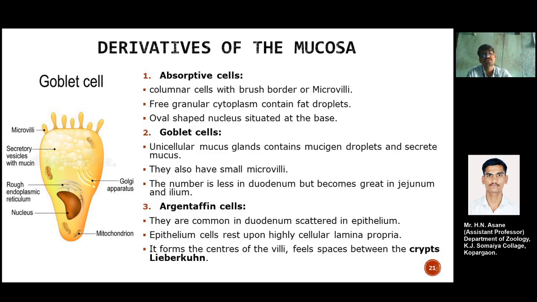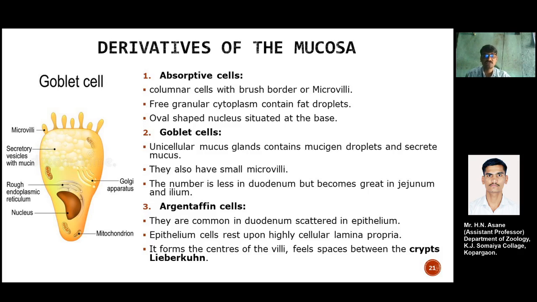Okay, then the second derivative, or the second cells present in the mucosal epithelial linings, are the goblet cells. These are the unicellular mucous glands. These are glands because there are some secretions from the goblet cells to perform the well functioning of our digestion. The goblet cells are unicellular mucous glands containing mucin droplets.